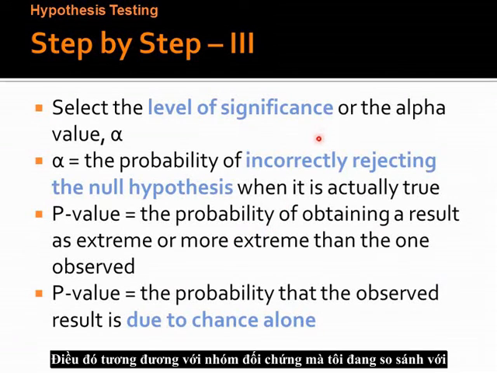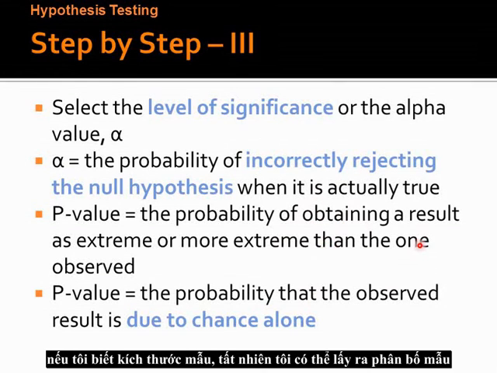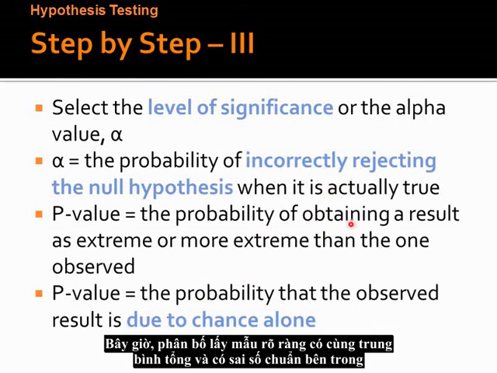And I know inside this population distribution, I know the mean, I know the population mean, I know the population standard deviation, and therefore from there, if I know the sample size, which of course I do know, I can then derive out the sampling distribution. Now the sampling distribution obviously has the same population mean and has a standard error inside there.